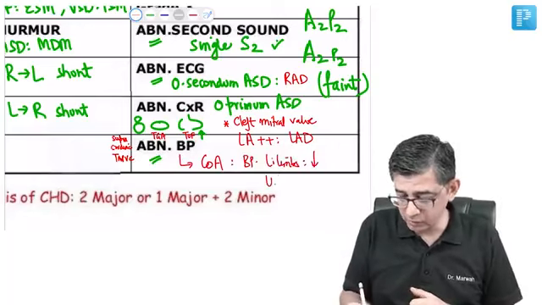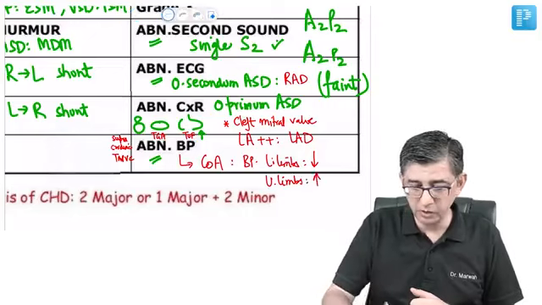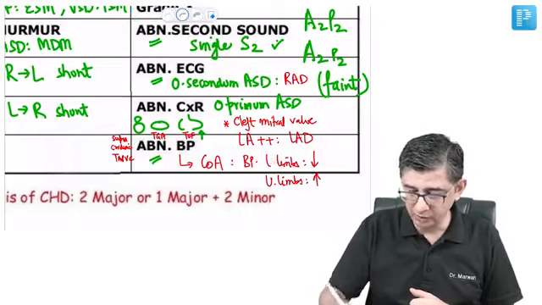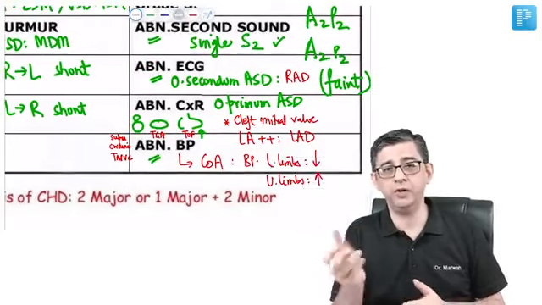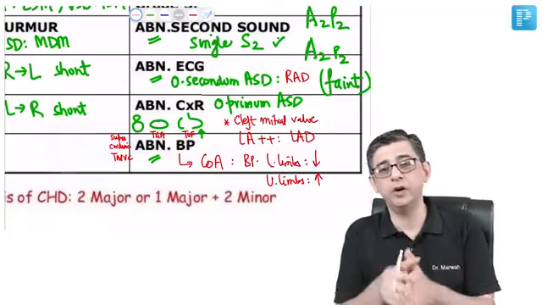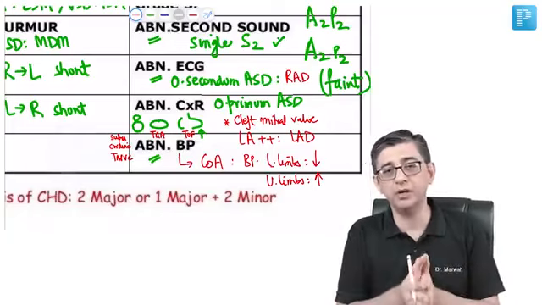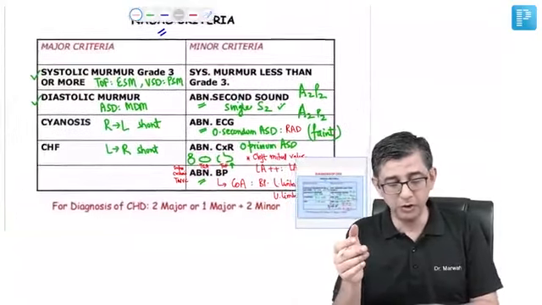In contrast, the blood pressure in the upper limbs of the patient would be elevated. So the message here is that coarctation of aorta is an obstructive defect of the heart. We're not only talking about left to right shunts and right to left shunts, we're talking about obstructive defects as well, like coarctation of aorta, which has to be taken into consideration, which is why abnormal BP comes into the picture.